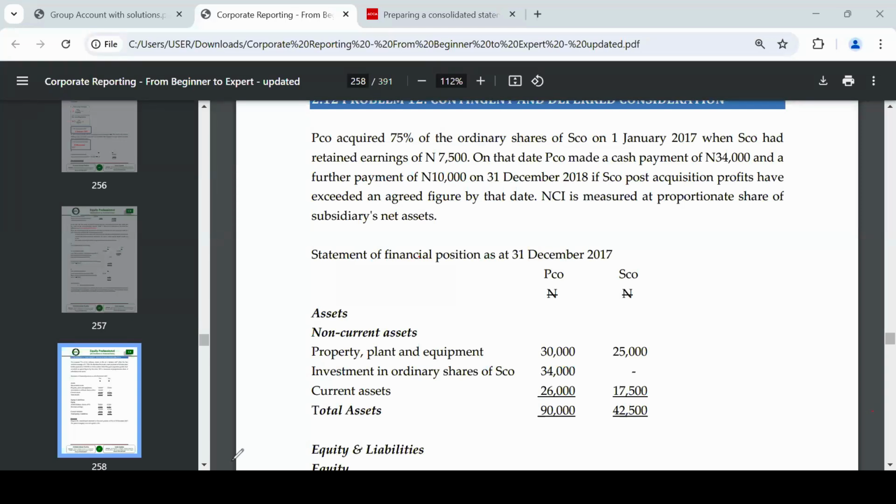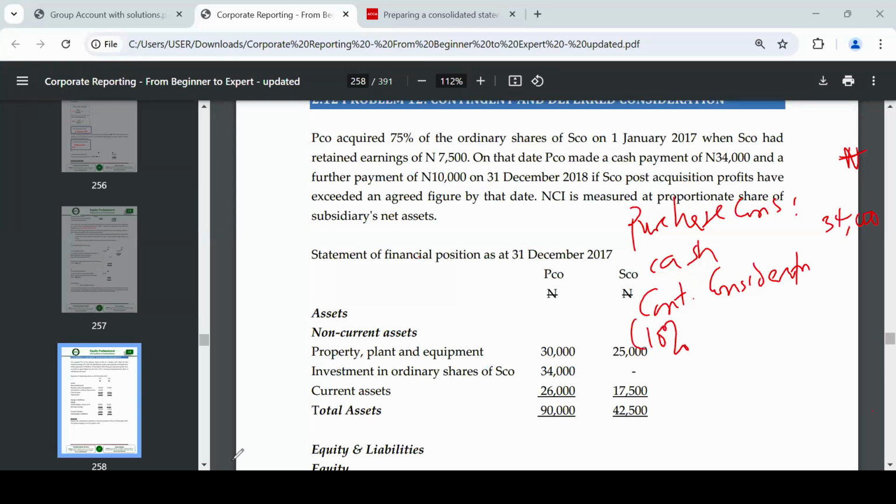Okay, the goodwill will be purchase consideration, cash is 34,000. Your contingent consideration will be, we're told to discount using 10%.